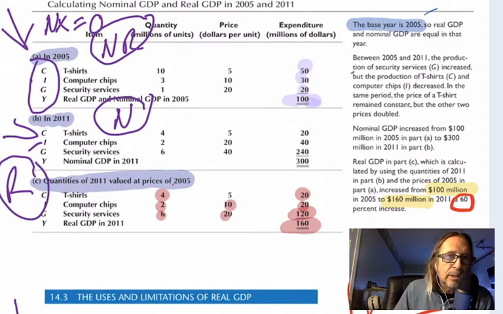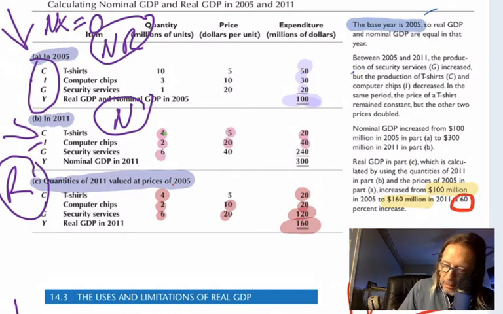So the base year on a test, know that it could be the nominal and the real. If we go look at 2011, there's some changes. So in 2011, we now have 4 t-shirts multiplied by 5, so that gives us 20. We have 2 computer chips multiplied by 20, which gives us 40. And we have 6 security services multiplied by $40, which gives us 240.